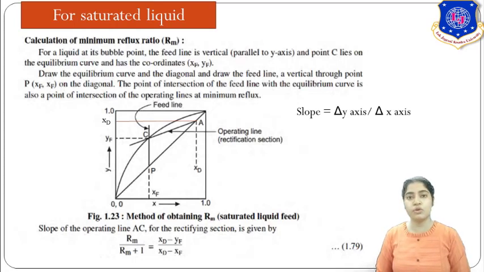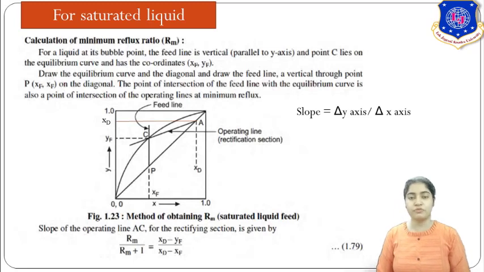Mathematically, slope is the difference in y upon the difference in x. So Rm upon Rm plus 1 is also your slope value. Now from the graph, delta y is yd minus yf, upon delta x, the change in x-axis, that is xd minus xf.